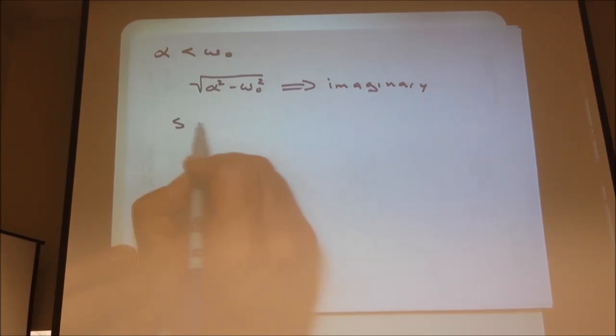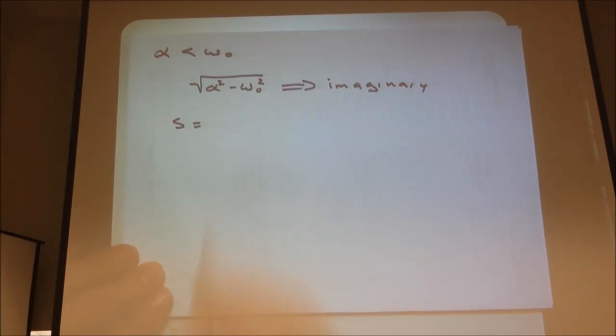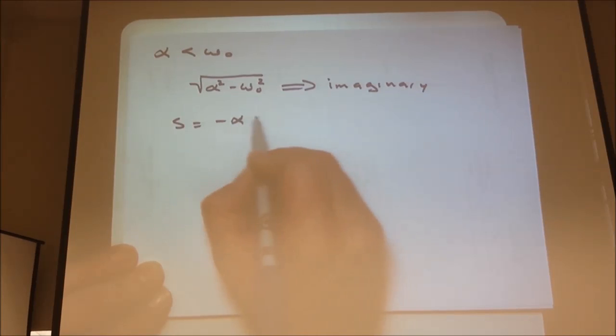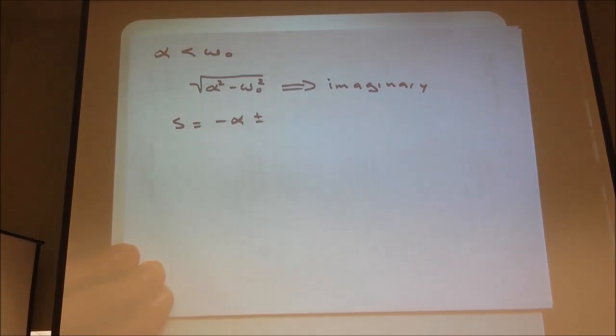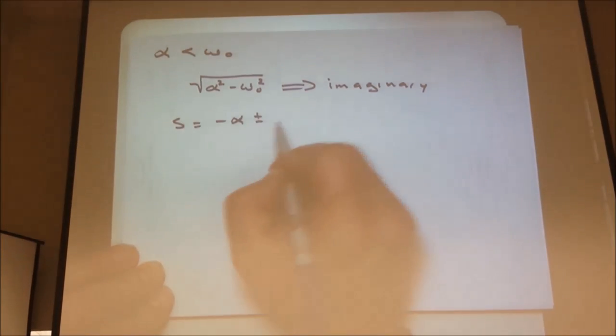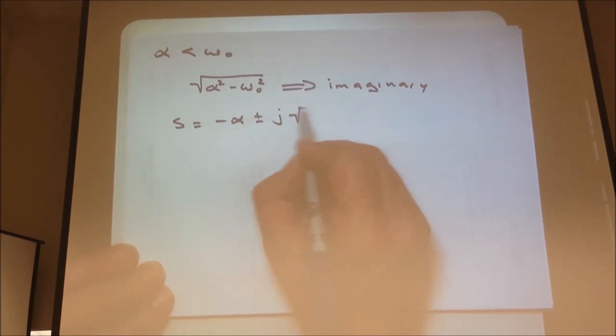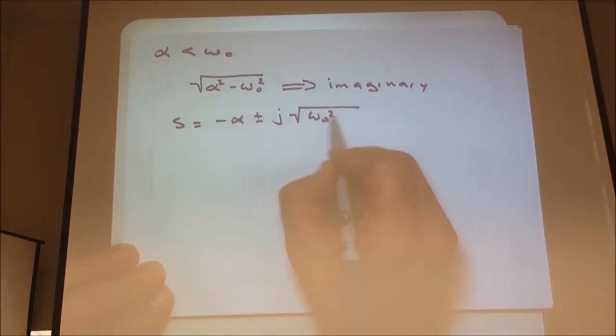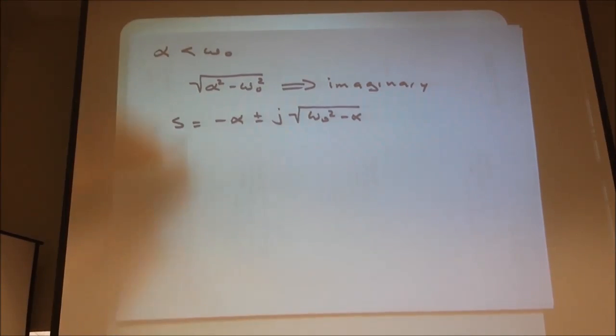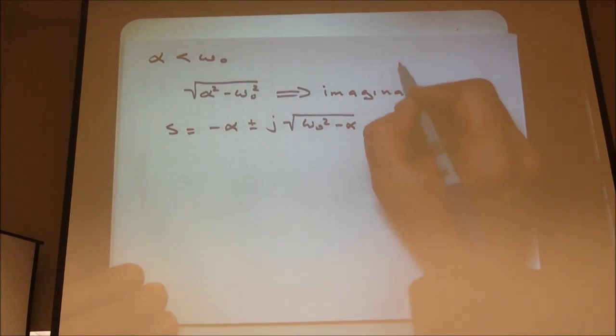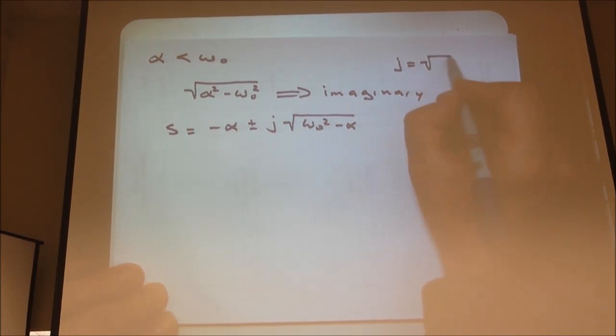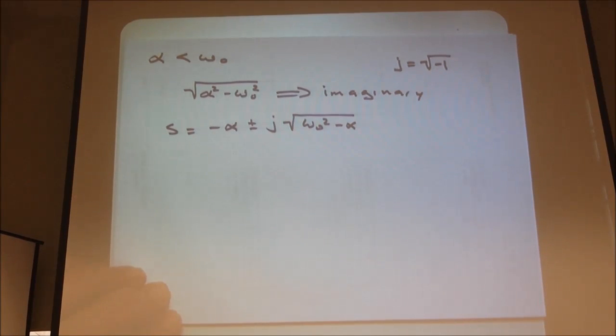And so when I write my s, I can still write this as minus alpha plus or minus, and I can do a little bit of rearranging. I'll write it as j times the square root of omega naught squared minus alpha squared. If you don't know what j is, it's the square root of minus 1.